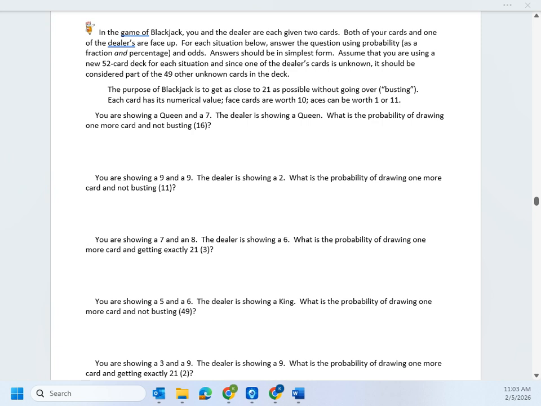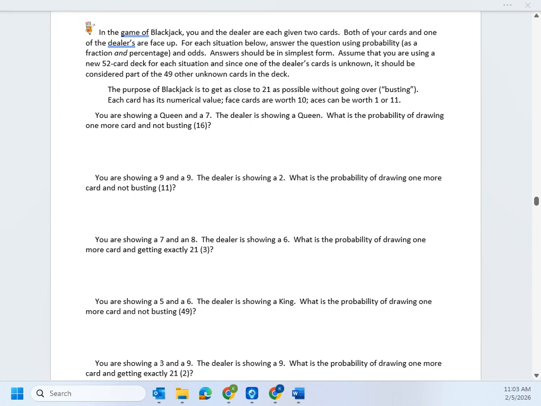So every problem that we have on here, it's a full new deck. You're not putting ones into the discard pile once you've used them. It's a new deck every time. And since one of the dealer's cards is unknown, it should be considered part of the 49 other unknown cards in the deck. So you're being told 3 cards out of the 52. 49 of them are unknown.